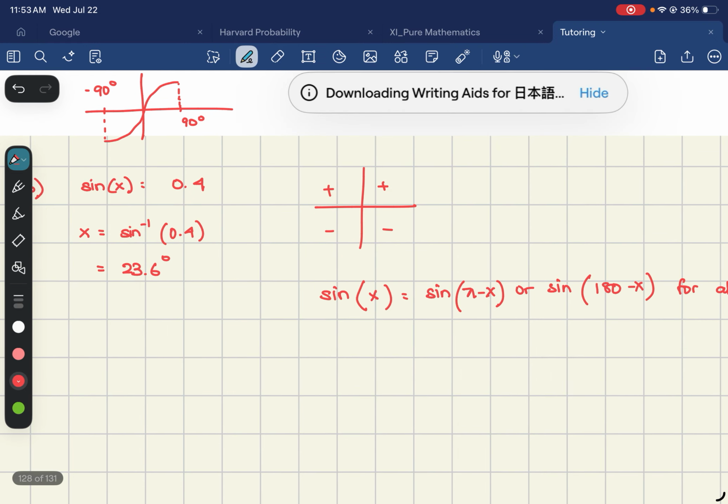Now that we have that down, to get my other angle, if I have x, I'm going to do pi minus x. So my other angle is going to be 180 degrees minus 23.6 degrees. Actually, rather than rounding off now, I'm going to do 180 degrees minus the exact value, 23.5781 and so on.